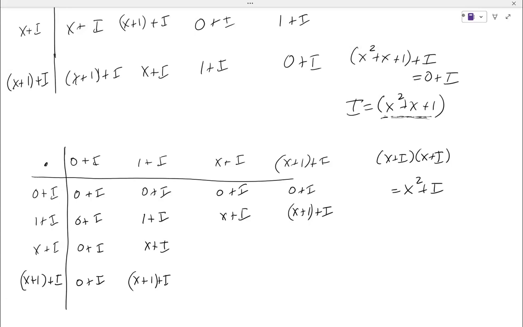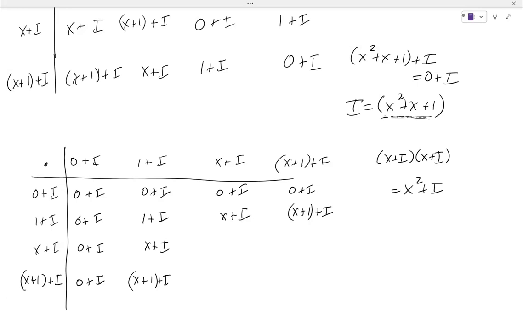And so they're equivalent to each other. So when we mod out by I, or consider the quotient ring R mod I, I might as well just think of x squared plus x plus 1 as being the same thing as 0, and that helps me simplify some things.